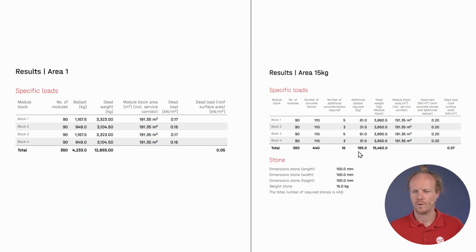In this case, it is 185 kilos, and this is made up of 16 stones at 15 kilos. The total number of stones, and therefore the total number of screws required for this project, will be 456.